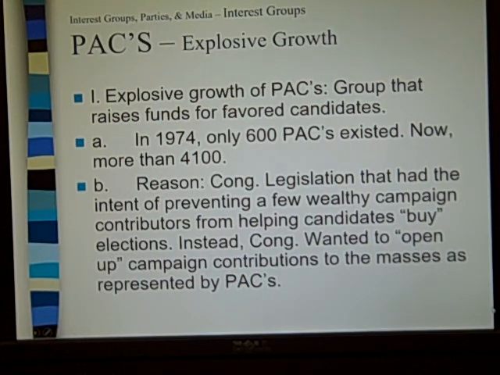So, when we really talk about political action committees, for the most part, we'll talk about political action committees and the growth that begins in the 1970s, because it's in the 1970s that we begin to regulate campaign finance in a significant manner.